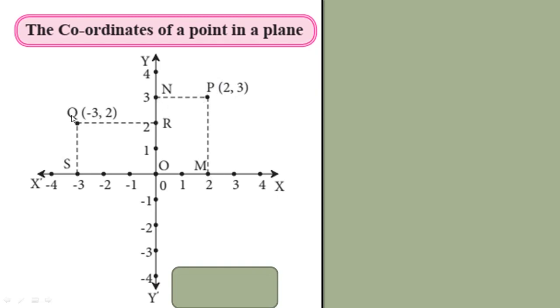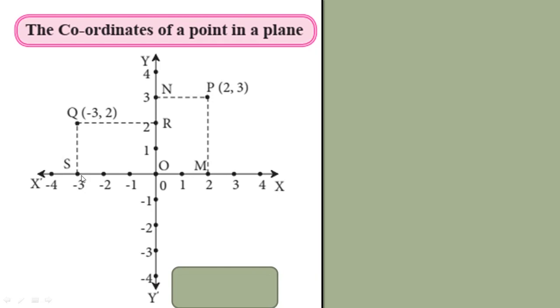In the same way we'll locate point Q. As its x coordinate is -3, it will come in the second quadrant. For point Q we draw line SQ perpendicular to the x-axis at number -3.